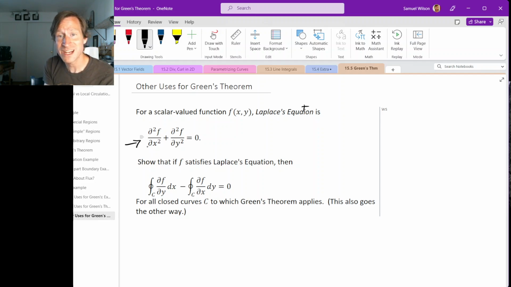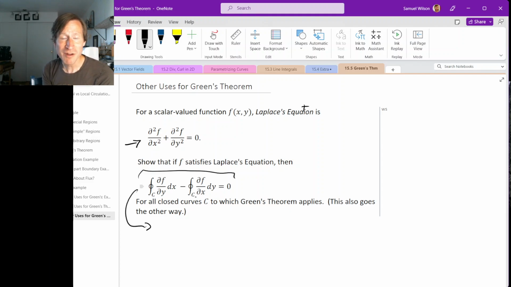So let's prove that if our function satisfies this partial differential equation, then this line integral is equal to 0. Something you might notice about this line integral is that if we rearrange things, we can write this as a line integral of a vector field. We're going to prove that this is 0 for all closed curves for which Green's theorem applies, so of course at some point we're going to use Green's theorem.